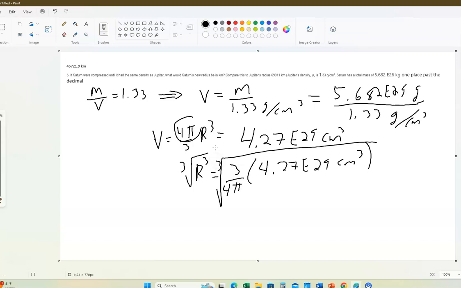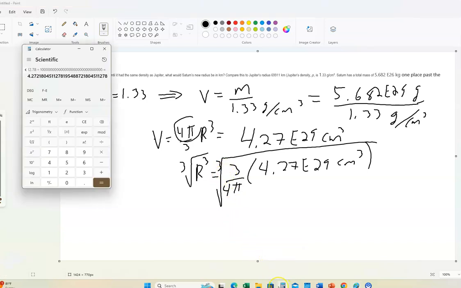Now you have to know how to do that in your calculator. Some calculators have a cube root button. Just as a reminder, the cube root is raising something to the 1/3 power. That means the same thing. So let me get this number back in my calculator.